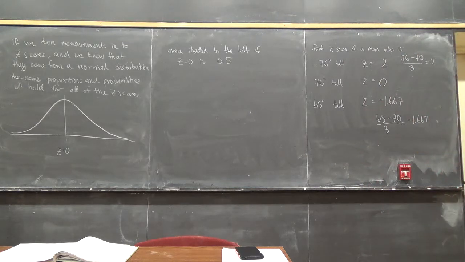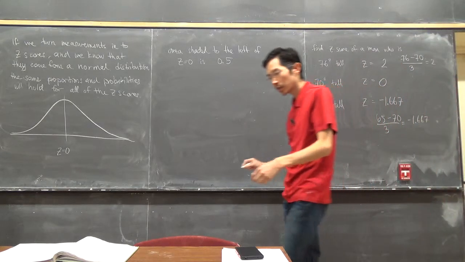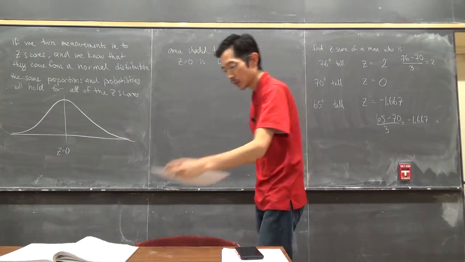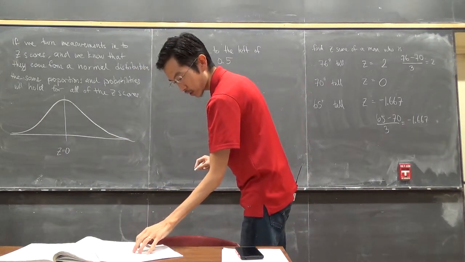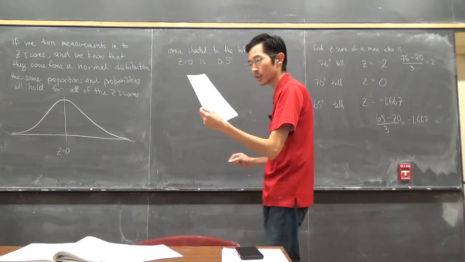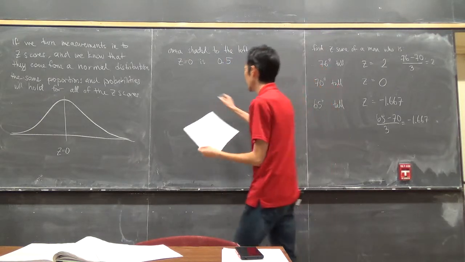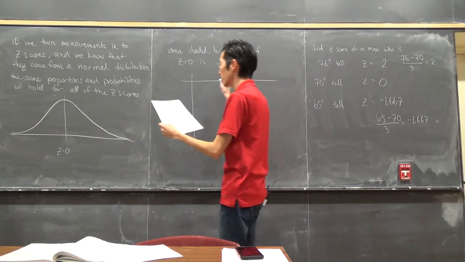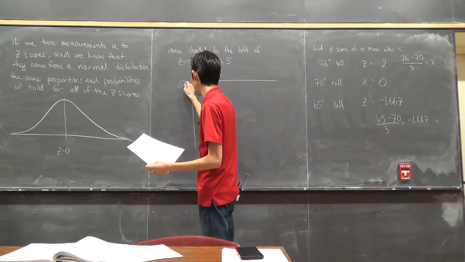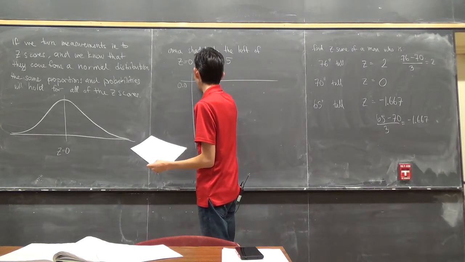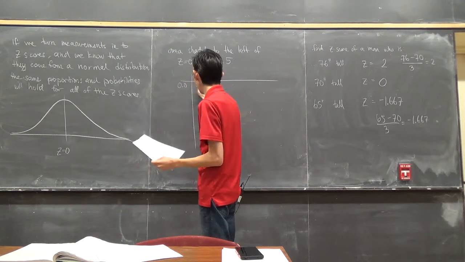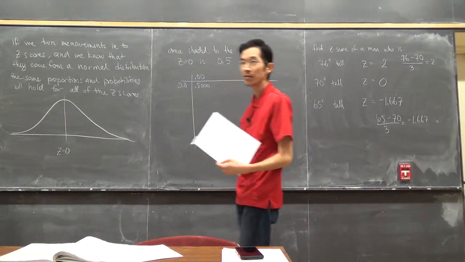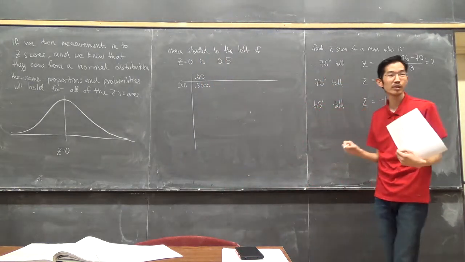And if you look at your table number 3, areas under the normal curve, actually flip it over to the other side. The first page is the negative side. If you look at that table, you'll see in the top left-hand corner 0.0 and 0.00, and the number in that top left-hand corner is 0.50000.